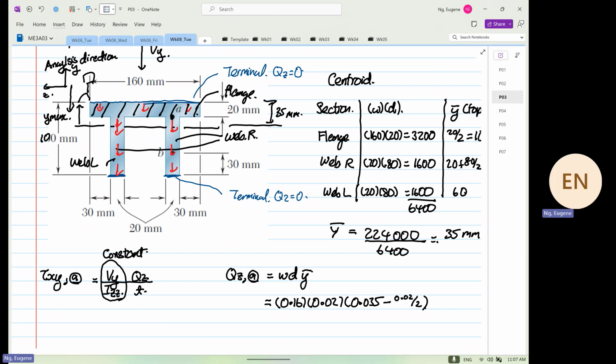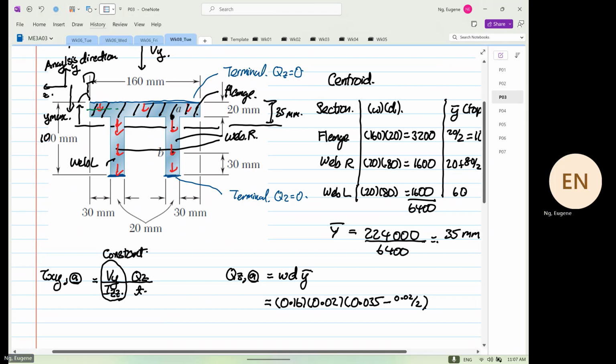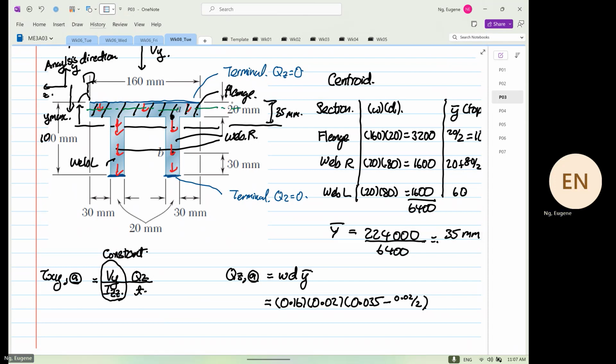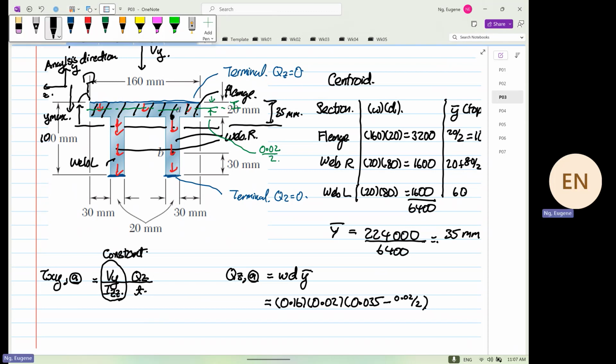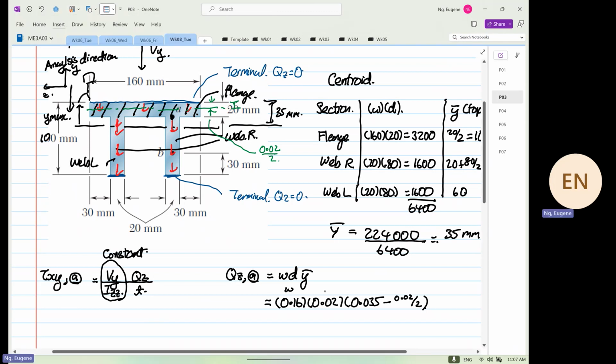Why 0.02 divided by 2 is because over here, I'm drawing in green now, the distance from here to here, this distance is equal to 0.02 divided by 2. Okay, so this is your width, this is your depth, this is your Y bar.